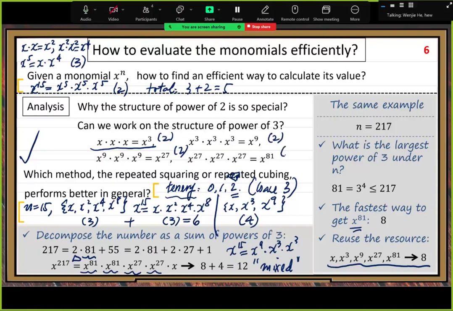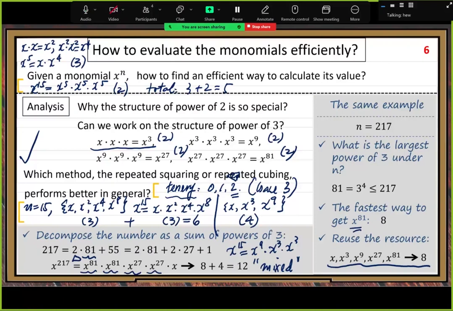Then x to the 81st, another 2. So we use 2 multiplications 4 times, total 8. Not 4, 8. Any other questions? All right.